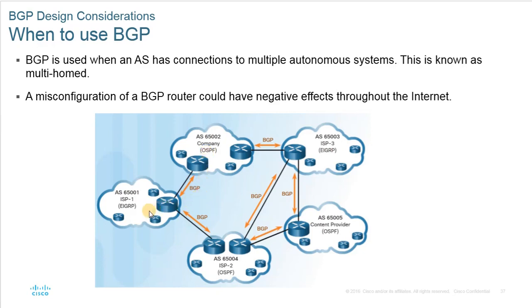The other autonomous system is using EIGRP, alright, and many others. So therefore, in this kind of setup or connections, it is much better to use a border gateway protocol. Okay, a misconfiguration of a BGP router could have negative effects throughout the internet.